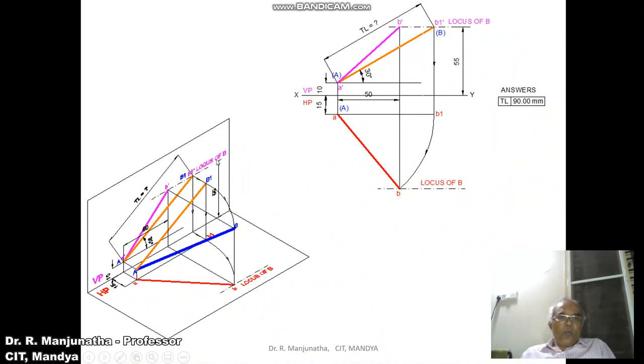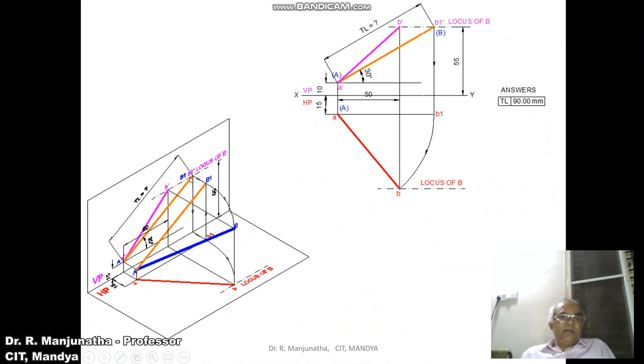Now we know the true inclination with respect to HP, which is 30 degrees. With A as center, when a line is drawn, the boundary will not extend beyond this locus of B. So in space we get AB1, and when it is projected, it will be on the locus of B at this point, so that you will be able to find the true length.